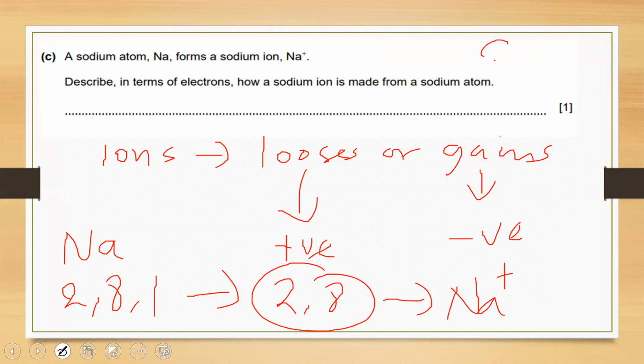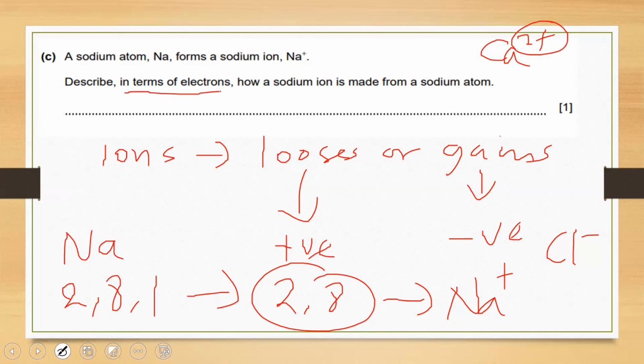If I have things like calcium 2 plus, this 2 plus indicates that it has lost 2 electrons. If I have chlorine minus, it means that this chlorine ion has gained 1 electron. So in terms of electrons, because they said we should describe in terms of electrons.